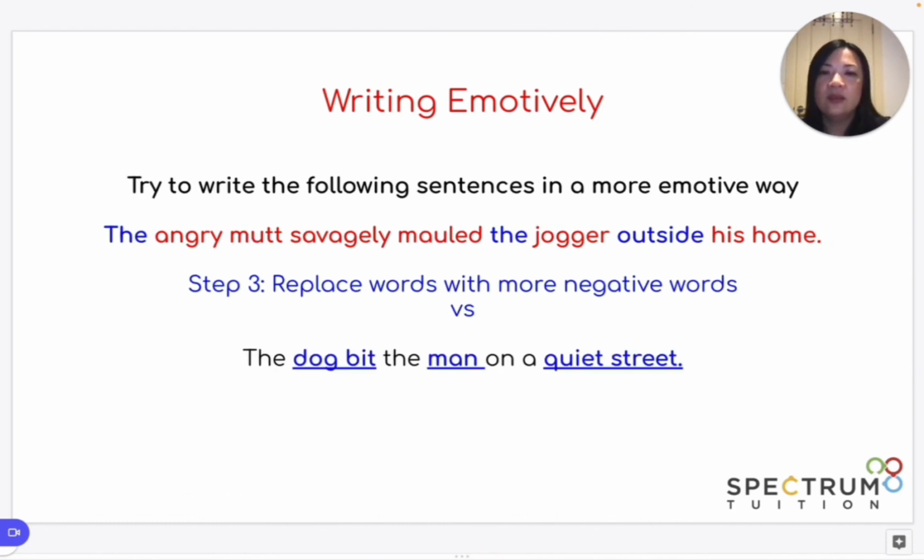Okay, versus the dog bit the man on a quiet street. So you've got here angry mutt, savagely mauled, jogger instead of just a man, he's just going about his daily business, and his home, he's just an innocent man outside his home, as opposed to just any quiet street. Okay?